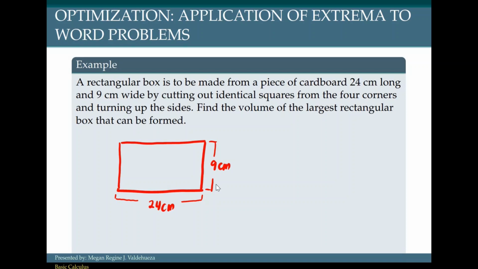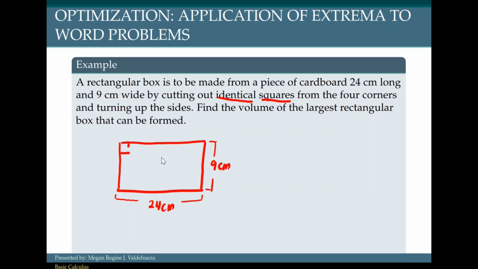Next is, so from this piece of cardboard, we are asked to make a rectangular box. So if we have a box, then it has a height. So to make it a box, we will cut out identical squares. So identical squares from the four corners.